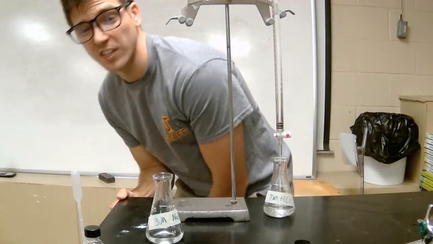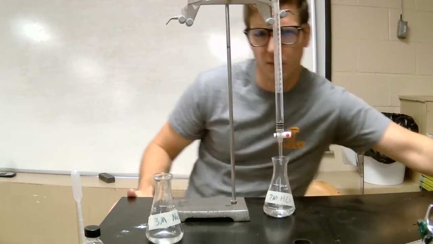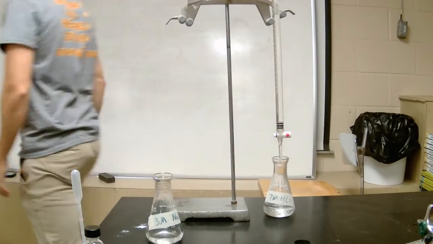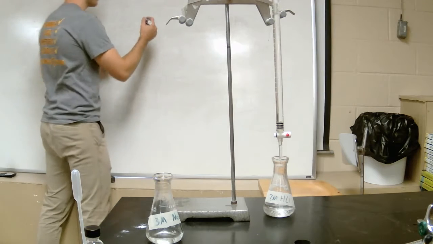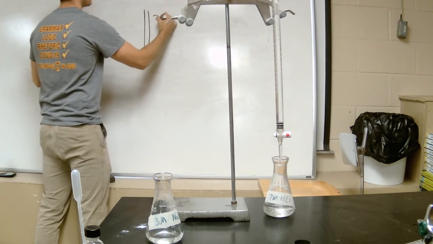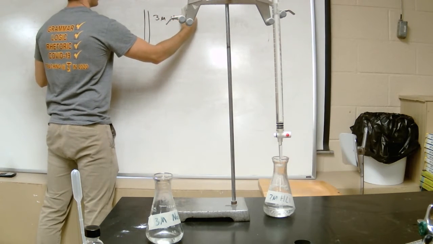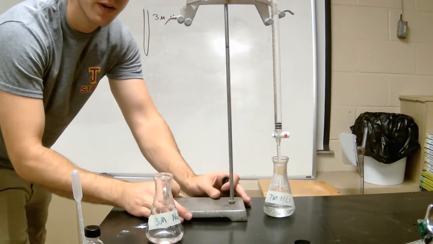So you just saw the initial reading of our titrant, okay? So let's draw a picture of what's going on real quick. So again, our setup here, we have our burette, which has 3 molar NaOH, okay? Let me go ahead and move this out of your way.